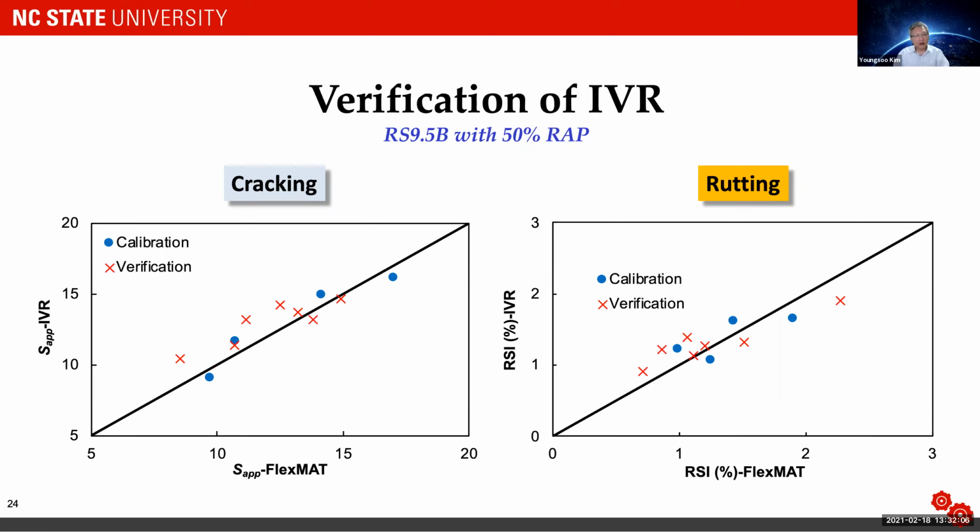So here IVR, here's the SAP predicted from IVR, SAP calculated from FlexMat, and again, calibration points are along the line of equality as well as the verification points. This is the RSI verification. Although there's a slight slope there, in general, they follow the line of equality quite well.